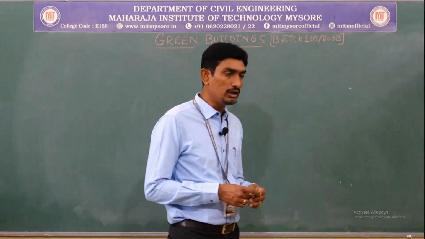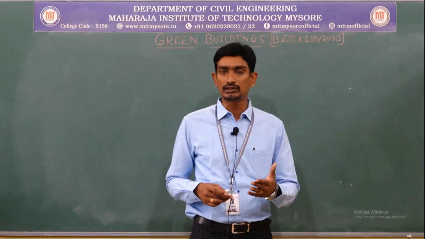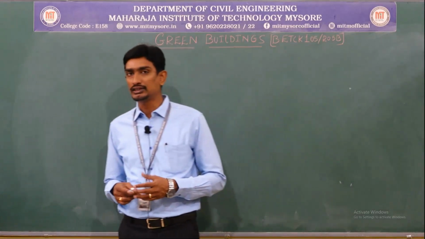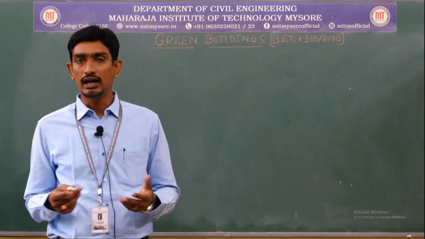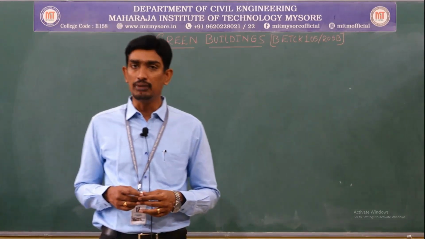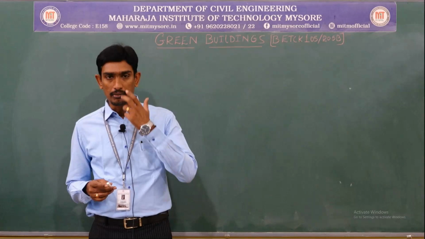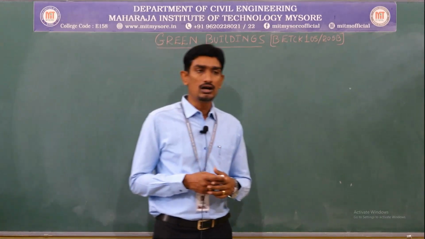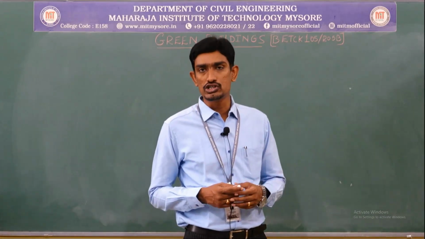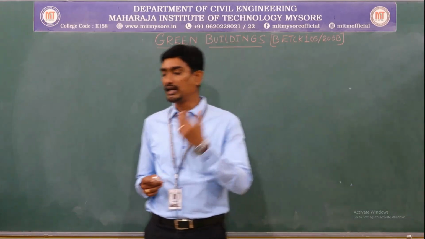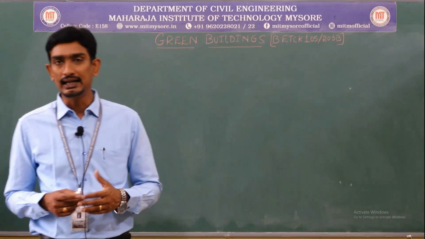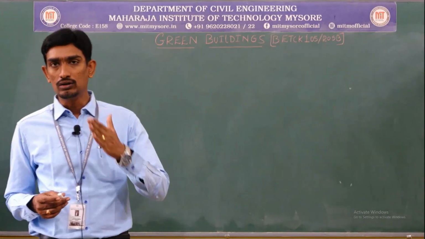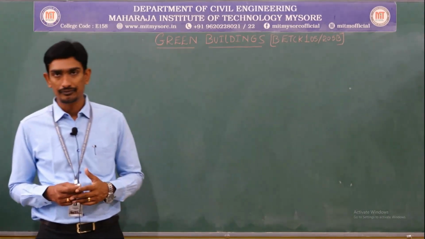In module number 2, we discussed the various techniques adopted to meet the green environment or green buildings. And in module number 3, the causes, that is the global warming issues, and the critical issues, we have discussed in module number 1, module number 2 and module number 3.